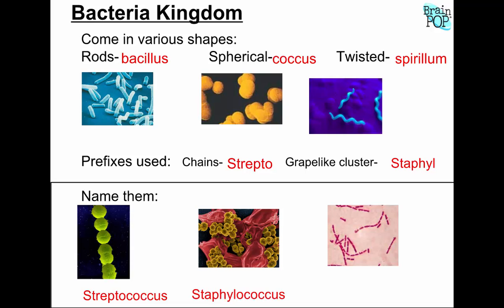Those are all Staphylococcus. A type of these bacteria cause staph infections, or MRSA, if you've heard of that infection. How about these? Streptobacillus. Yep, strepto because they're growing in chains, one linked to another, and bacillus because they're rod-shaped.